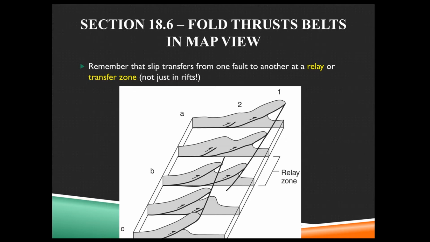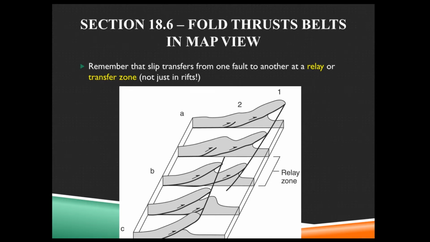We've seen it in the rifts. So you have rifting and you have little transform faults to connect the rift segments to accommodate the rock movement and allow the slip to happen.